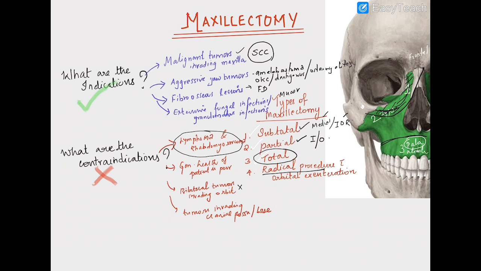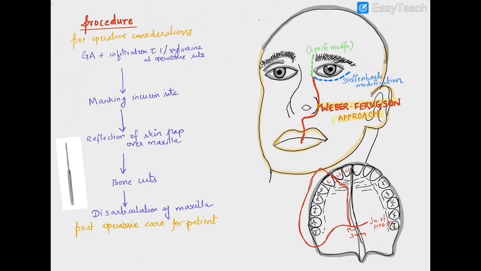Now let us see what are the different kinds of incisions we have for the maxillectomy procedure. The incision we give will be completely based upon what type of maxillectomy we are going to perform. So I will show you the picture. We can see here there are different approaches, but the classical approach will be the Weber-Fergusson approach. What you see here, the red incision, is the Weber-Fergusson approach.